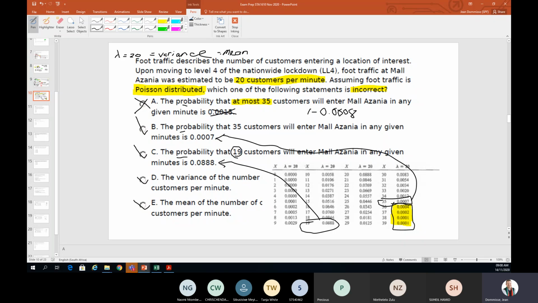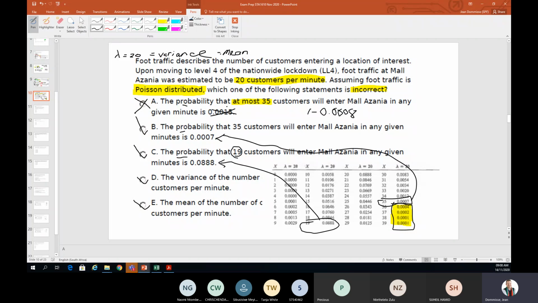Okay, so here we needed to work out the probability that at most. So if you said 35 and above, you would have said that is correct, because then it would have been 0,0008 plus 0,0007, which would have given you the 0,0015.